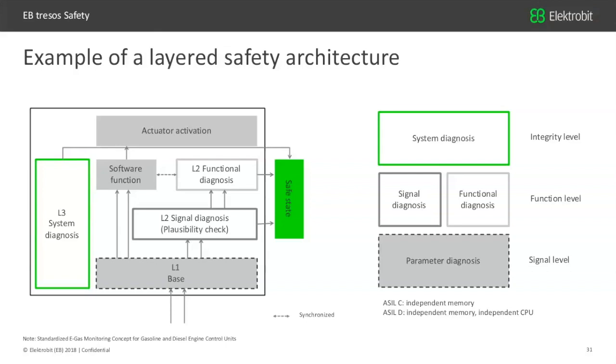So Bosch defined in that case 3 different layers of diagnostics. So we have parameter diagnostics on the signal level. We have signal diagnostics and functional diagnostics to actually monitor your inputs and the functional execution of your software.